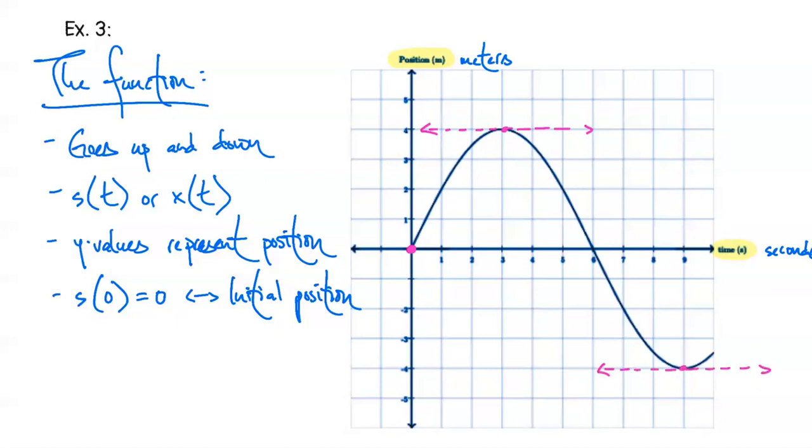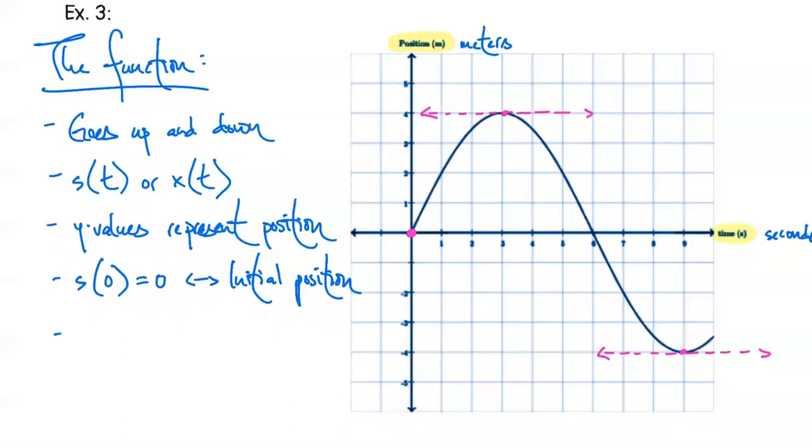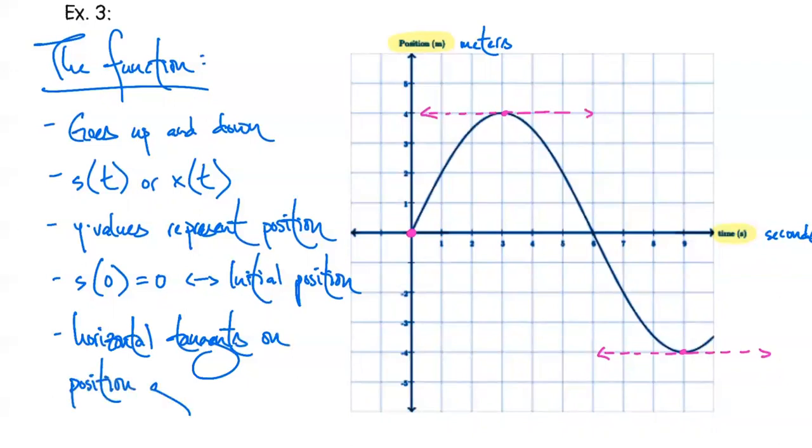I really like the language that Luca used here: a horizontal tangent on a position graph is the same as saying, where is V of t is 0. So horizontal tangents, those pink lines that we've sketched out here, on the position graph are where the velocity is going to be 0, okay?